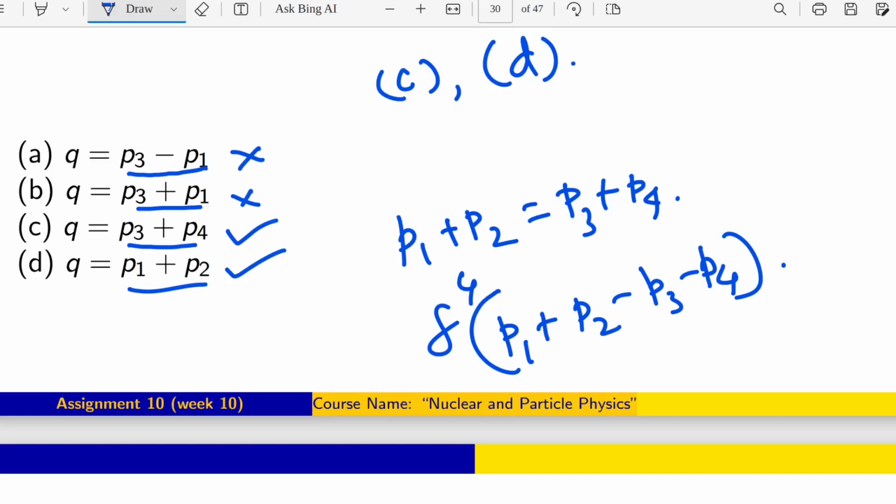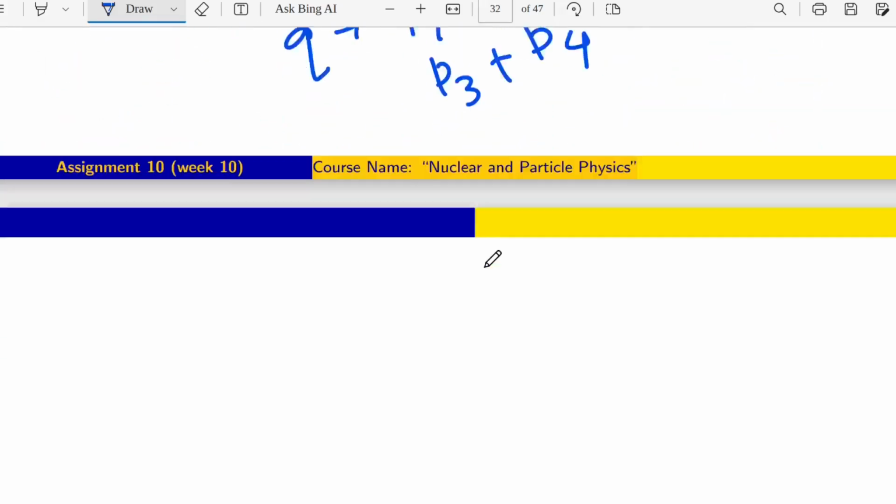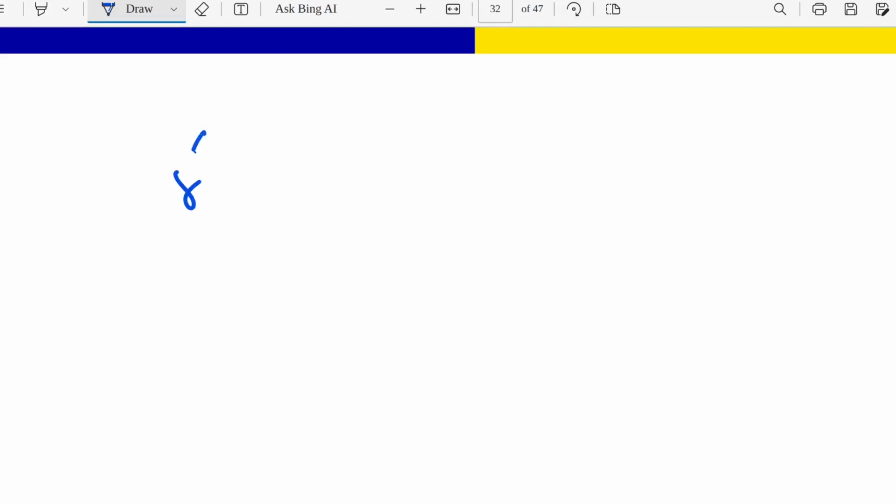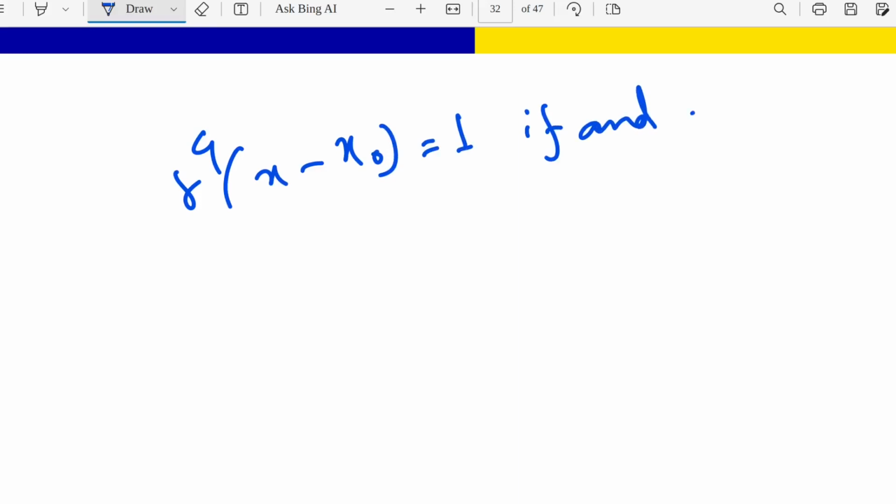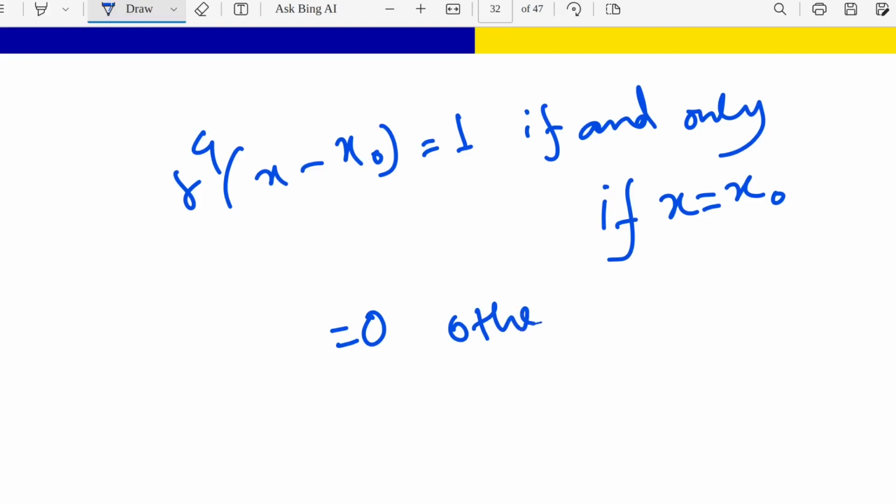I already mentioned the delta 4 expression in the last class: x minus x0 will be 1 if and only if x is equal to x0, and 0 otherwise.